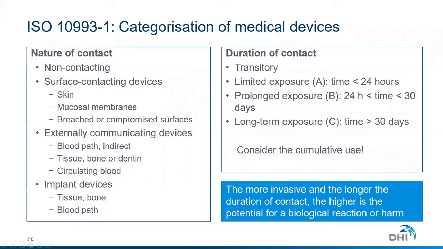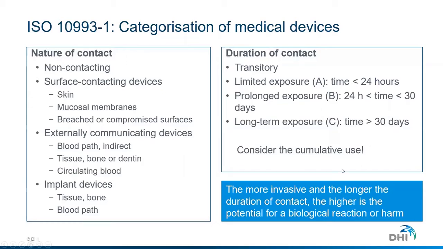Then the duration of contact needs to be considered, from transitory, meaning very short transient contact of less than 1 minute; limited exposure, devices used for less than 24 hours in total; prolonged exposure, devices used for more than a day but less than a month; and long-term exposure, devices left in place or used repeatedly over a period of more than 1 month.